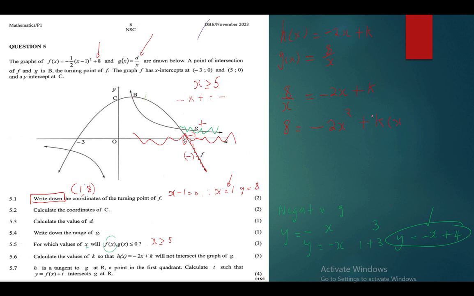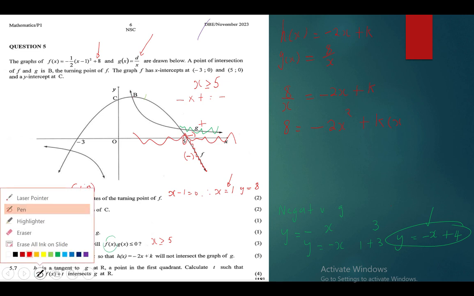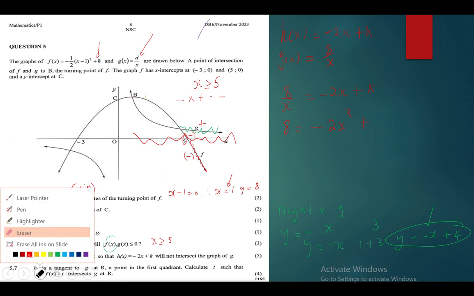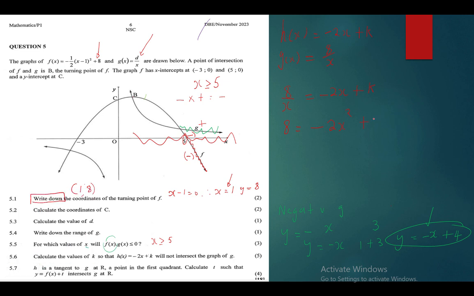K times x is kx. My goal is to remove the denominator underneath. So I multiply 8 over x by x, it's 8. I multiply negative 2x by x, it's negative 2x squared.